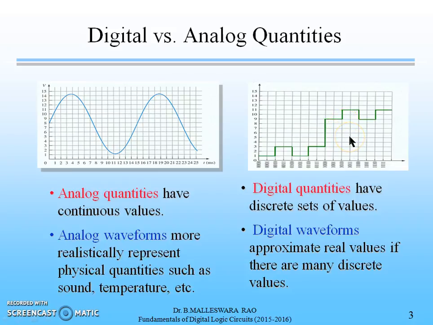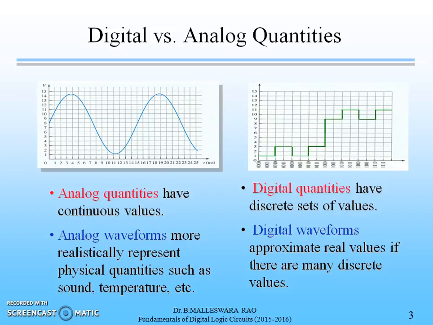Digital quantities, on the other hand, have discrete sets of values, which means the quantity is defined only for certain discrete intervals of time. Analog waveforms more realistically represent physical quantities such as sound, temperature, etc.